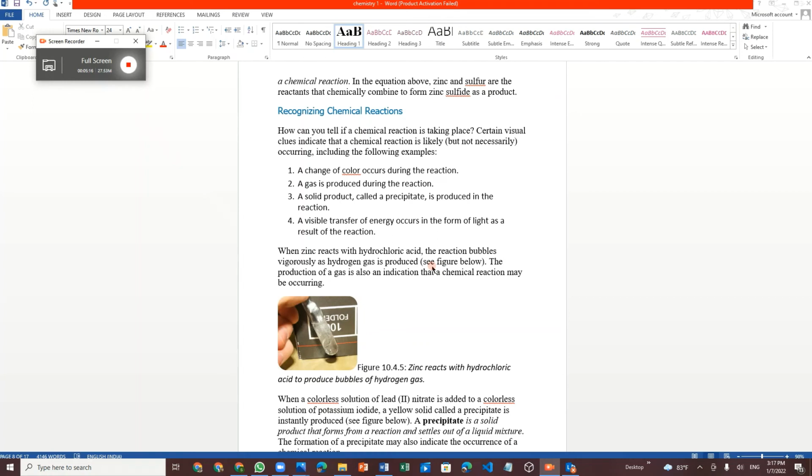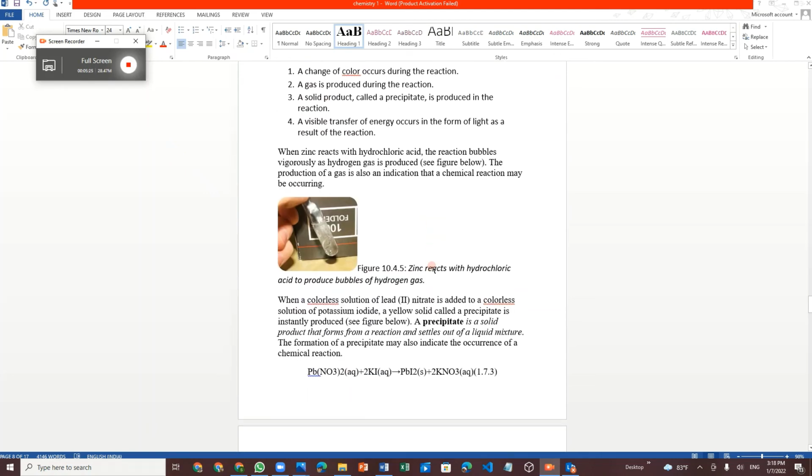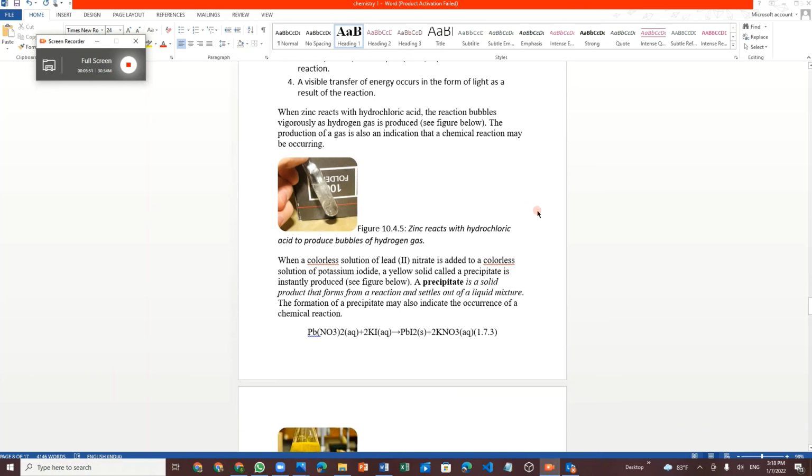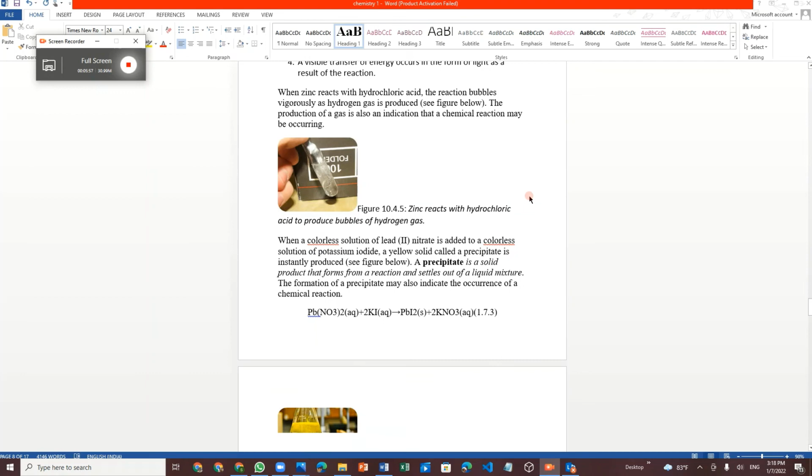Another sign is visible energy transfer in the form of light, heat, etc. For example, when zinc reacts with hydrochloric acid, bubbles are formed. Those bubbles are hydrogen gas, so hydrogen gas is produced there.